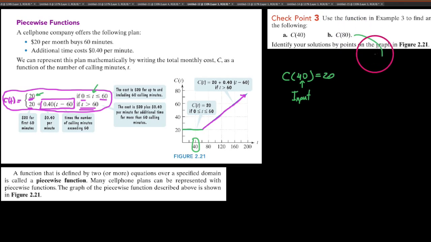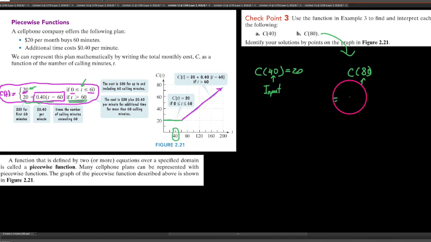And certainly if I were to do 80 minutes, well, c of 80, looking at this input here, 80 lies in this greater than 60 minute category, which means we're going to need to use the other rule. So c of 80 is 20 plus 0.40 times our input minus 60, where we're just plugging it into this second rule since it lies on that interval of domain values.